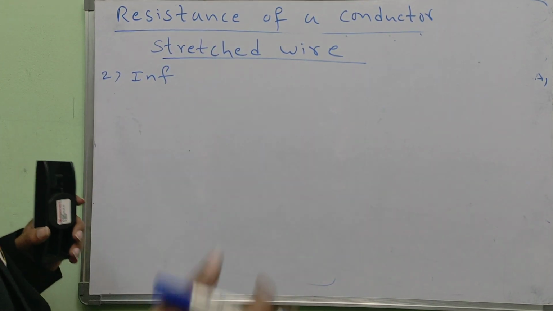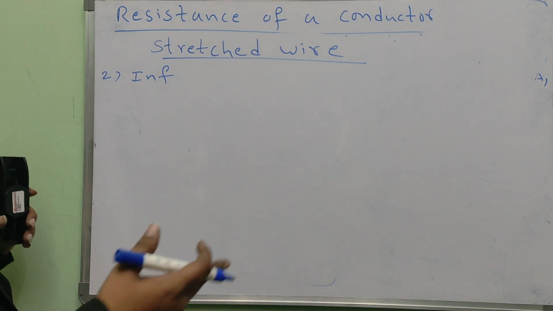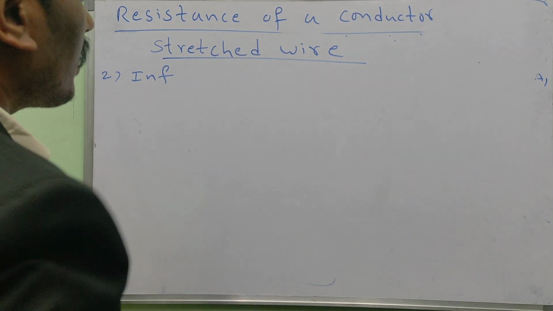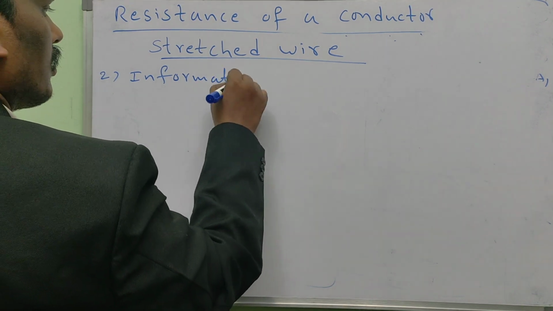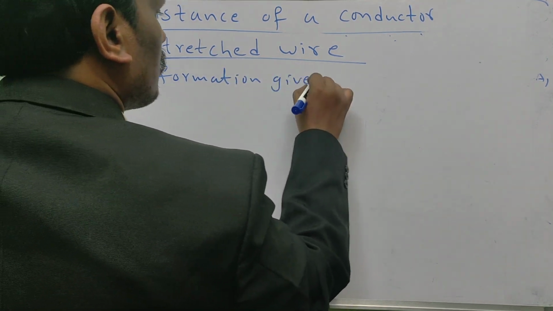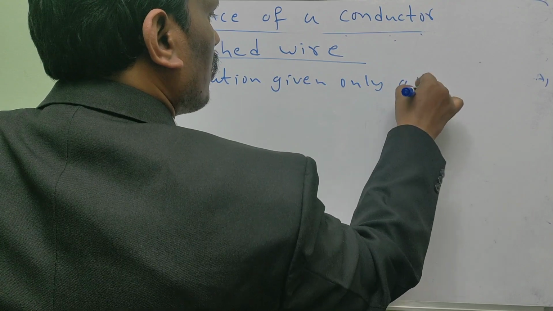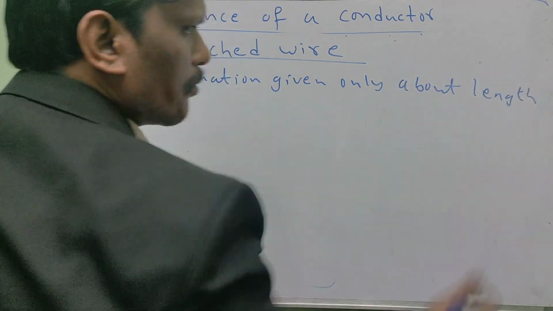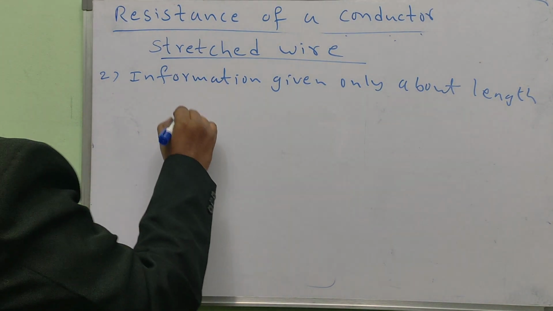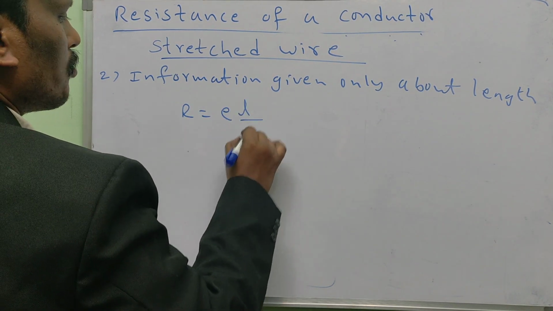Because for a stretched wire both area and length will change, but volume is constant. If information is given only about the length of the wire in the given problem, how to solve it? At that time, R is equal to rho into L by A.